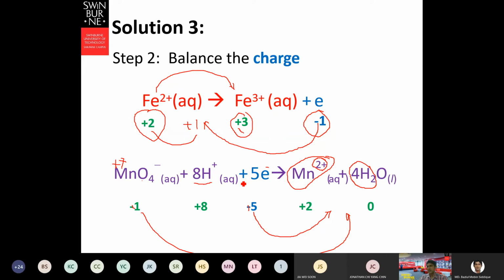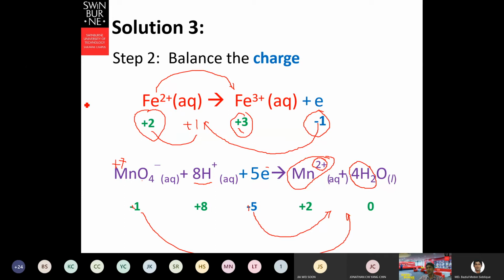But now the question is, from where do I have 5 electrons? If in the oxidation step I am not having 5 electrons, I cannot expect my reduction to take up 5 electrons. Where do I get the electrons from, right? So this electron should come from this part.